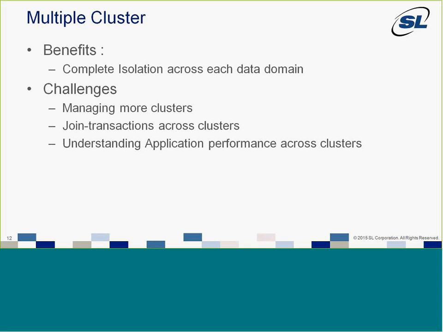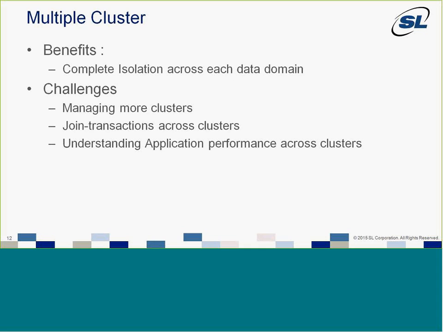However, there are some challenges, in that you're now managing more clusters. For example, you need to worry about the alert state of each of your clusters. You have difficulty joining data across clusters or using transactions across them.